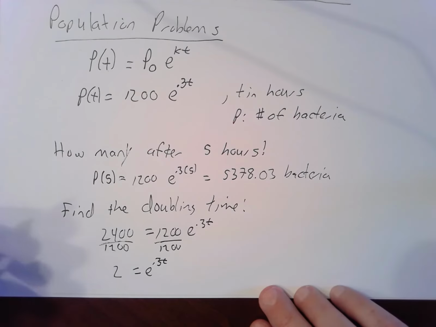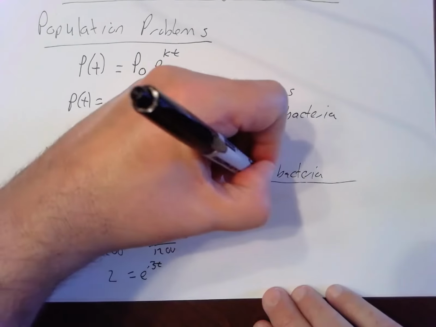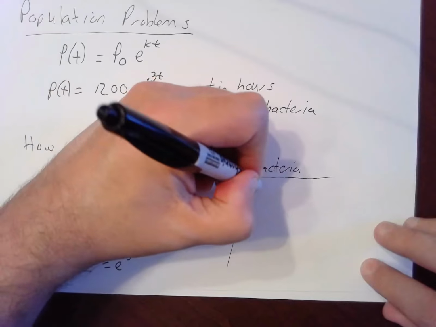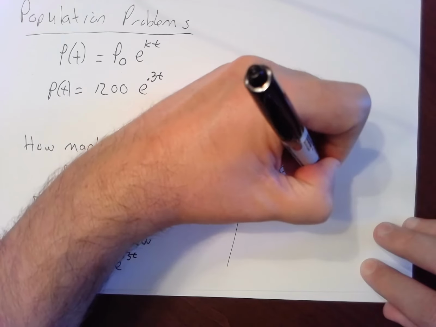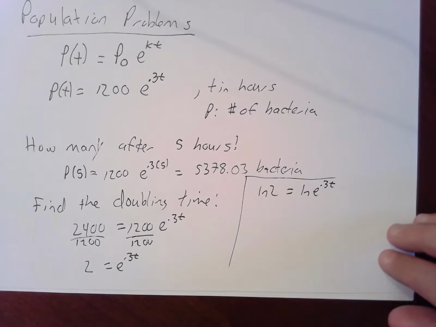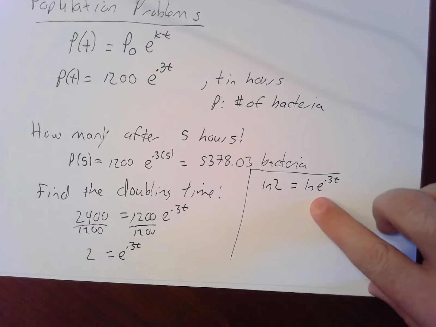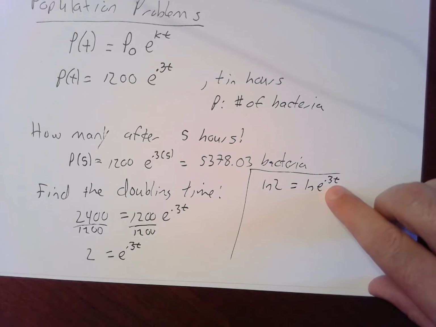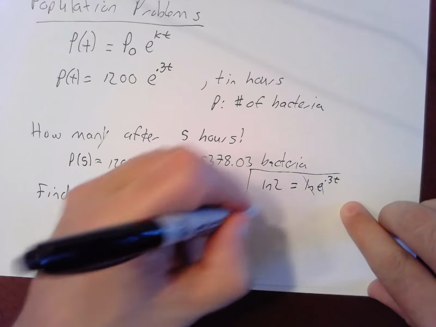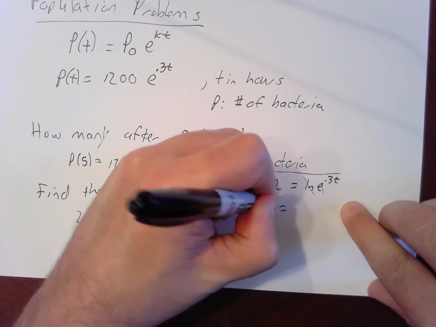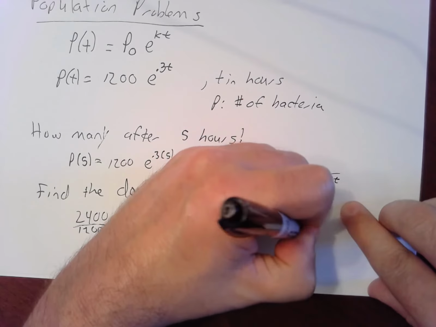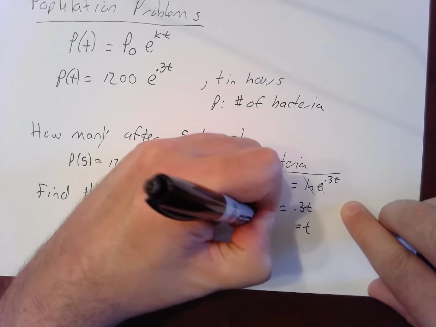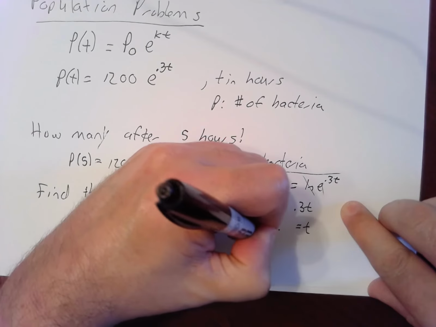We take the natural log of both sides. So we'll get natural log of 2 equals natural log of e to the 0.3t. On the right side, natural log of e to the anything, those are just inverse functions. They just cancel out. So I get natural log of 2 equals 0.3t, and so t equals natural log of 2 divided by 0.3.